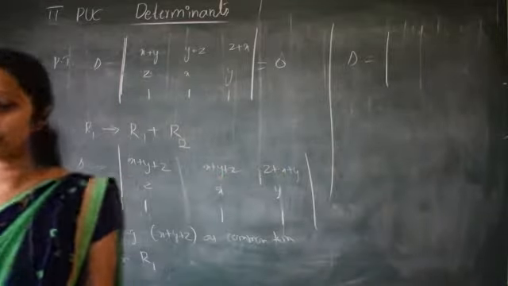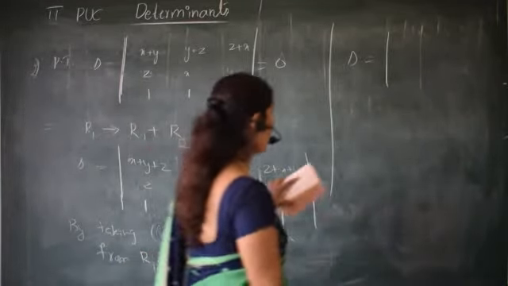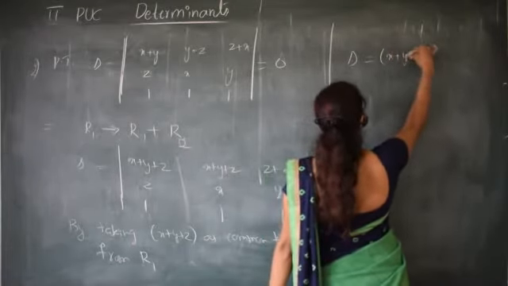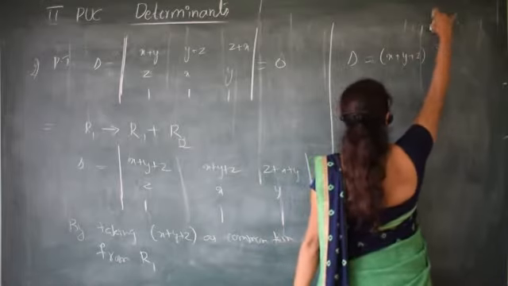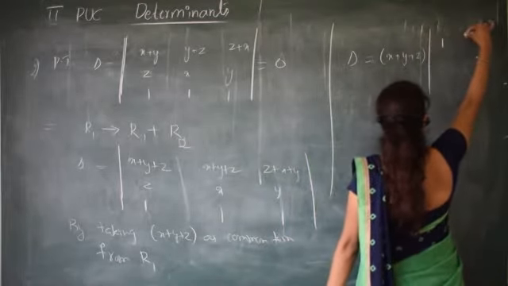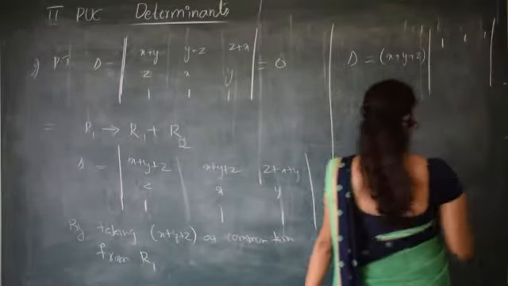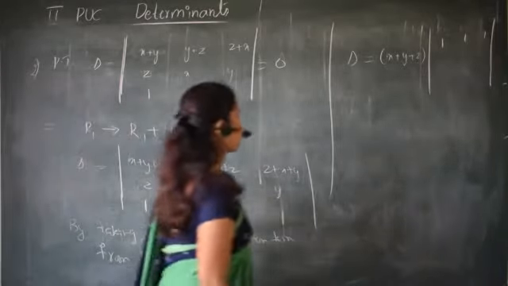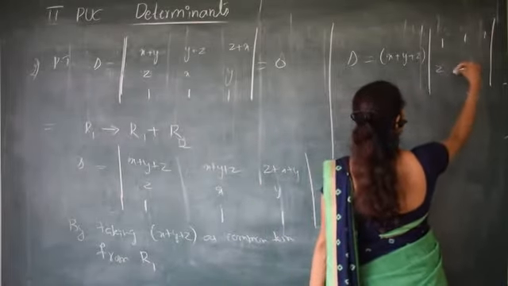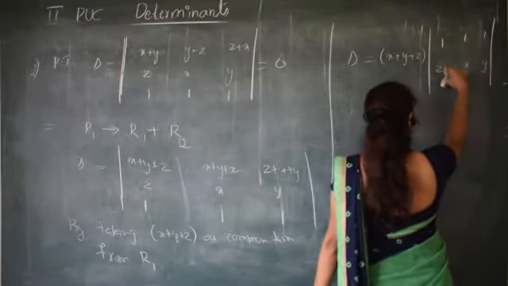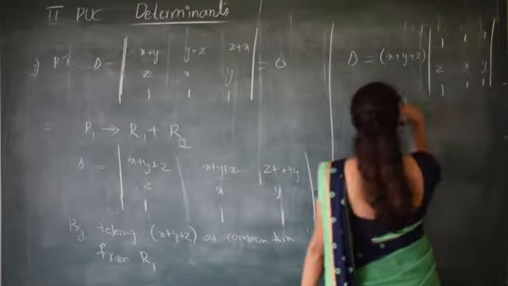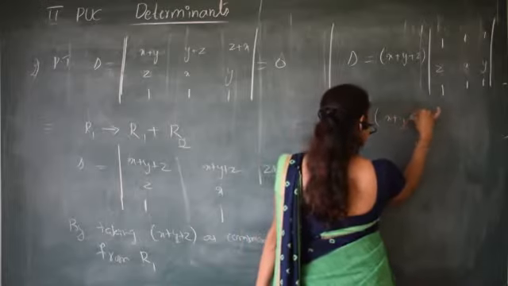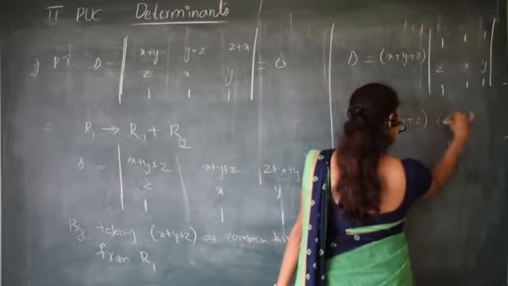I have to write x plus y plus z outside. Then the determinant we obtain has first row 1, 1, 1. Next is z, x, y, then 1, 1, 1. So this will be equal to x plus y plus z into 0.